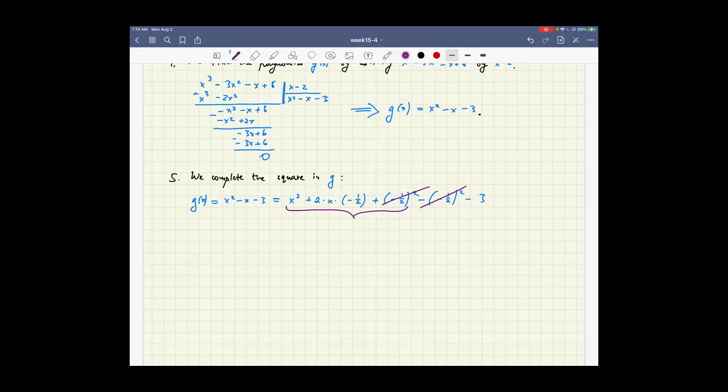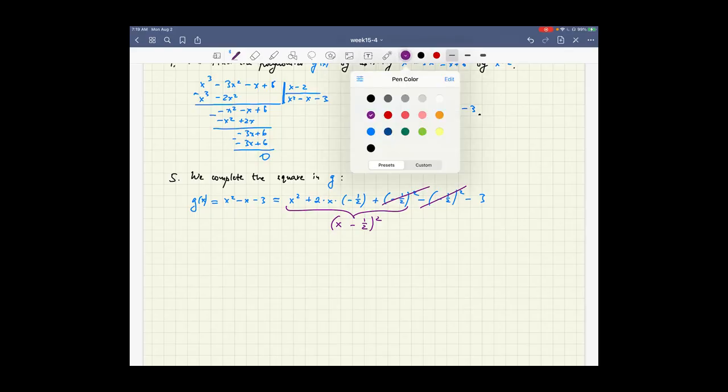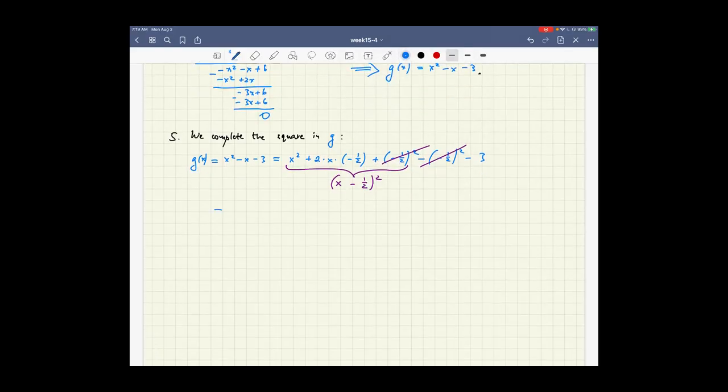And then this sum here is x minus 1/2 squared. And now we need to compute negative 1/4 minus 3. So negative 1/4 minus 12/4. That's negative 13/4.